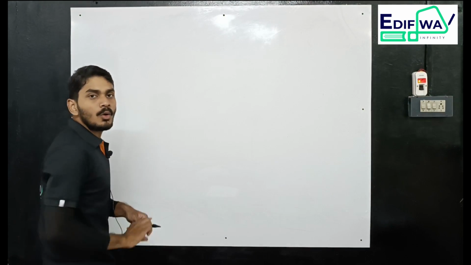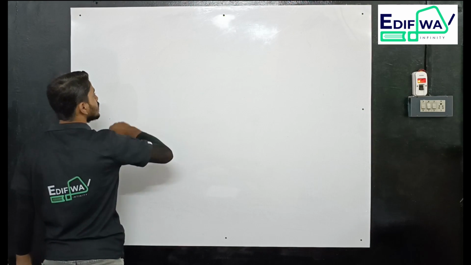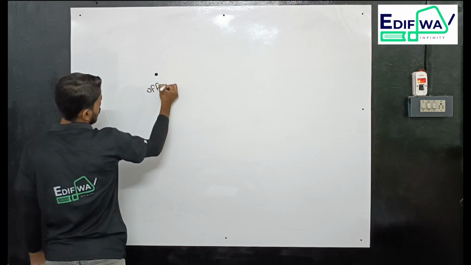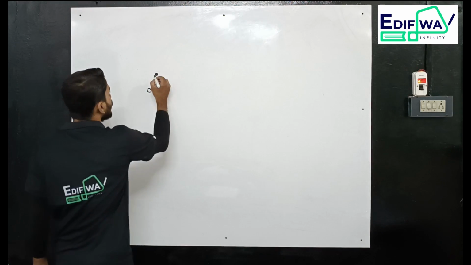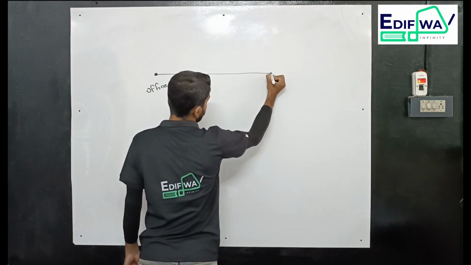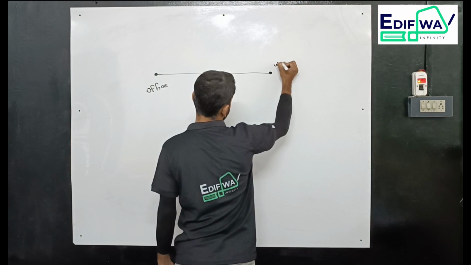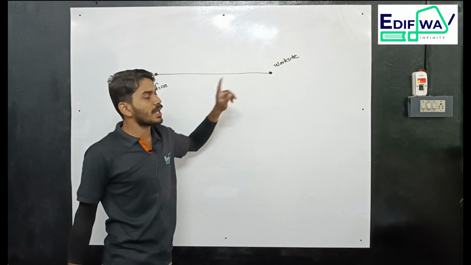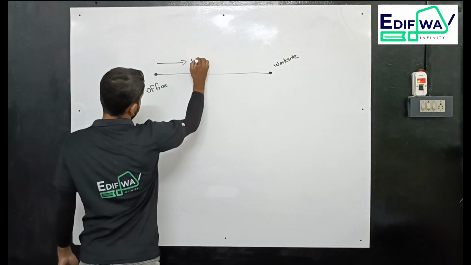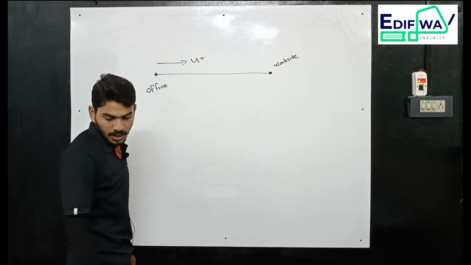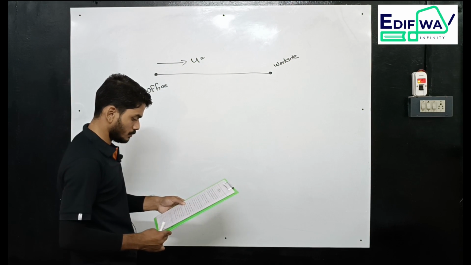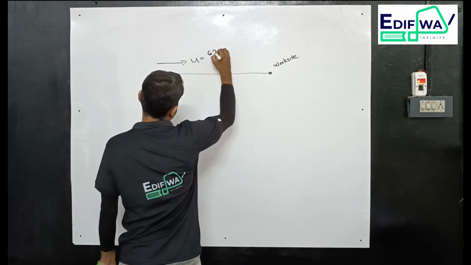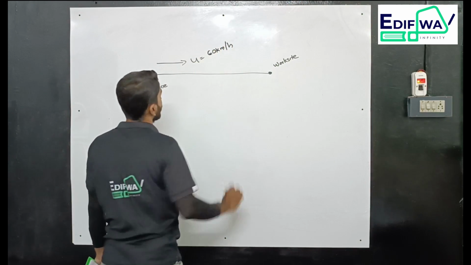Yes. Now the question says there is an engineer and let this be his office. From office to work site. So here is the work site. So from office to work site, his speed is 60 kilometer per hour.